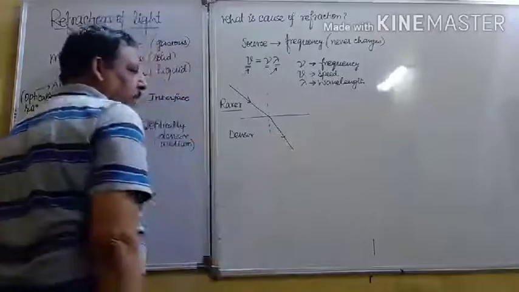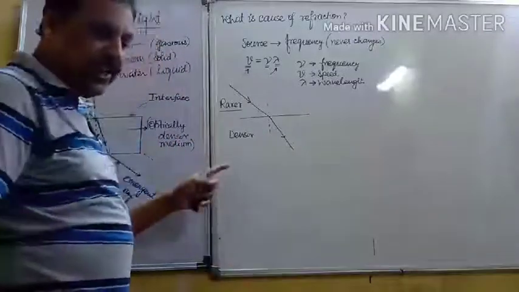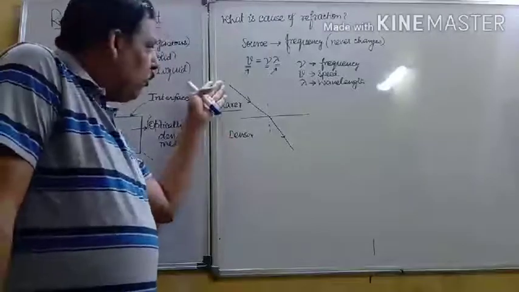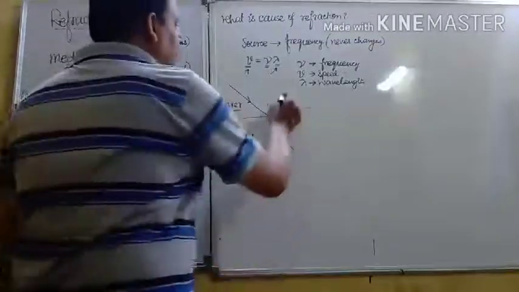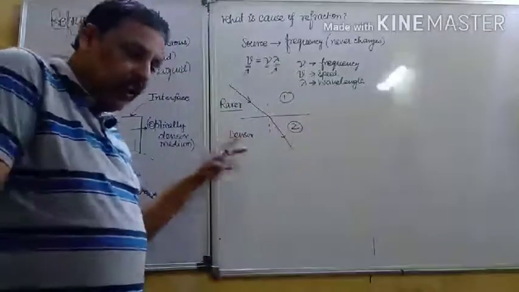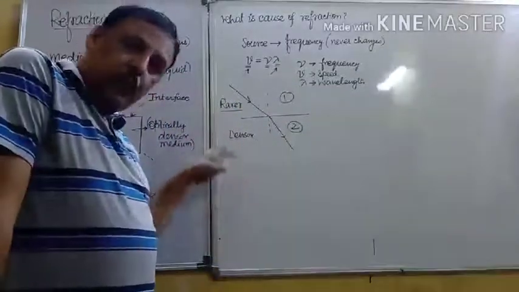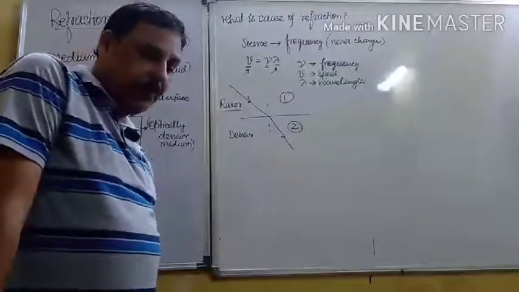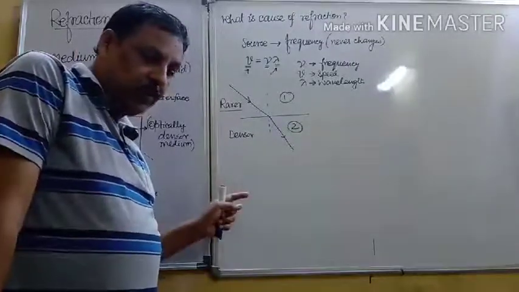Due to this change in speed when it goes from the first medium to another medium, its velocity changes, and due to this change of speed, it bends towards its normal. This is the major cause.